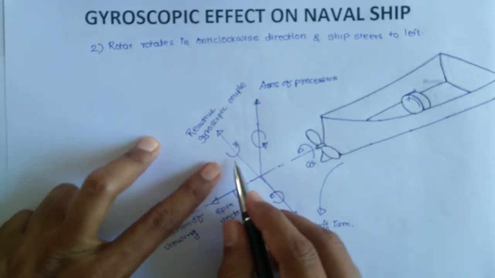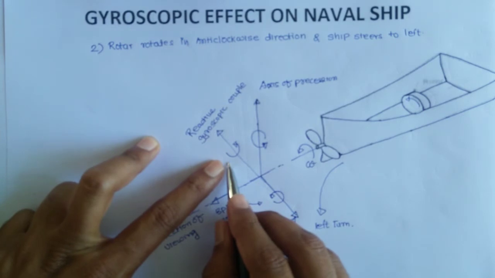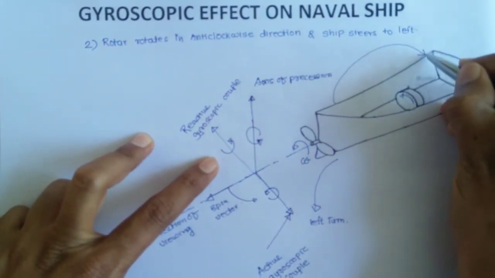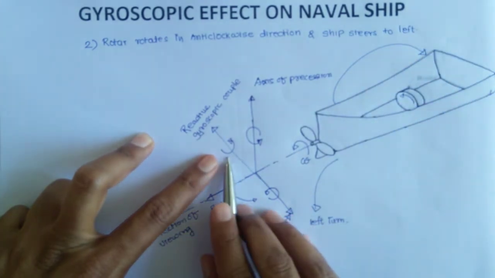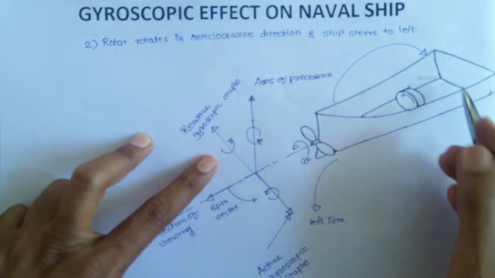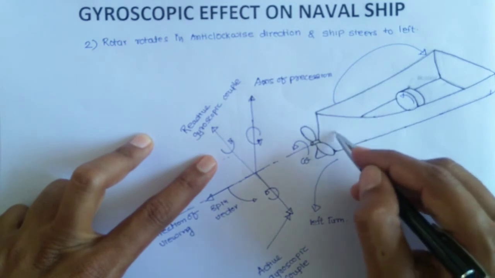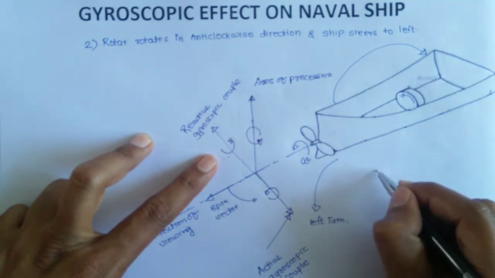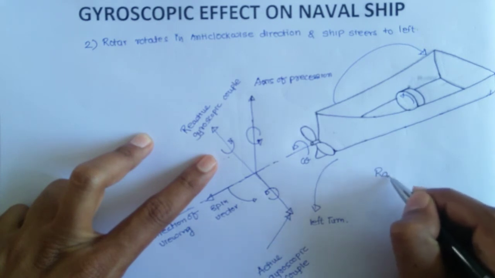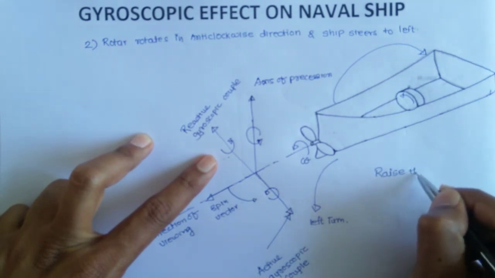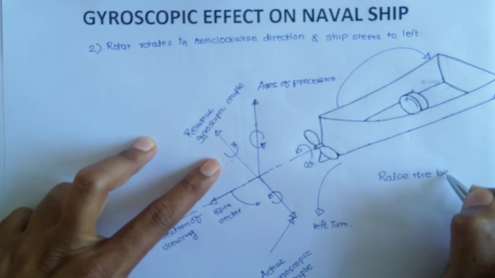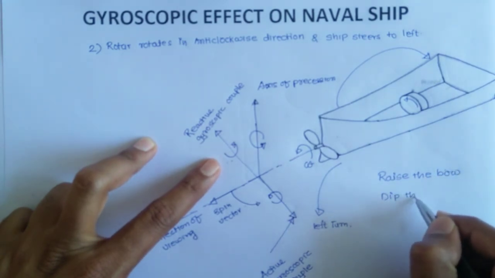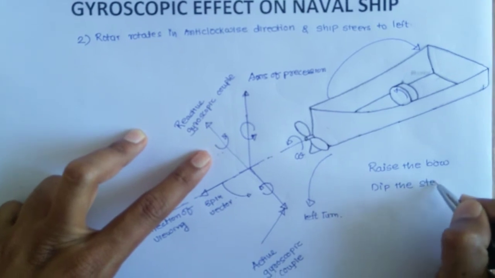Now if we transfer this effect of reactive gyroscopic couple on ship, then we can say that the effect of reactive gyroscopic couple will raise the bow and dip the stern.